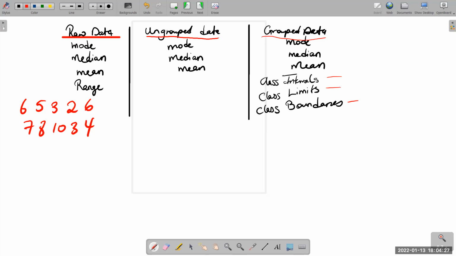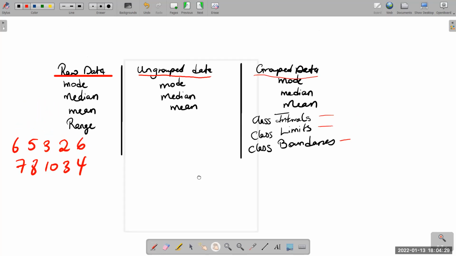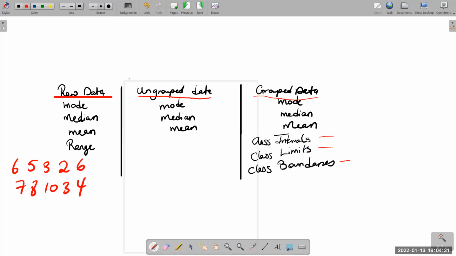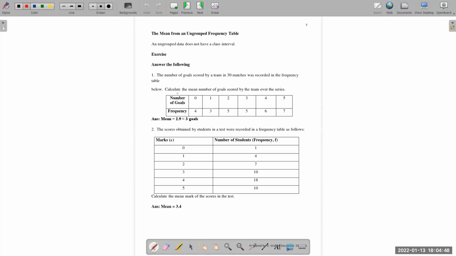Then we have ungrouped data. And just to give you an idea, ungrouped data is usually data that is represented in a frequency table. So this is information presented in a frequency table. And really, all a frequency table tells you is how much of one thing that you're looking at. So for example, this is an example of a frequency table.